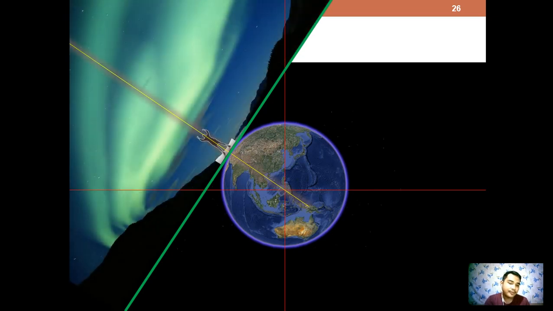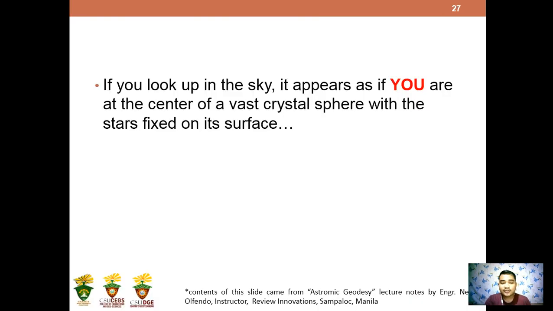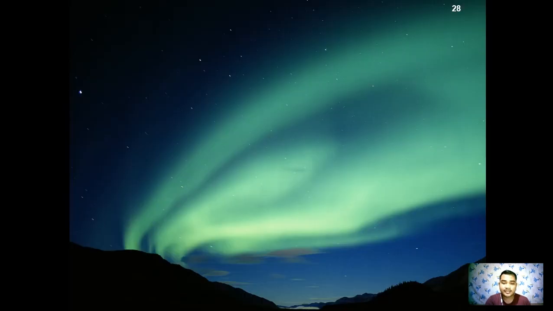For example, it is where you can see the aurora borealis. So that is what you see depending on where you are standing on the Earth. If you look up in the sky, it appears as if you are in the center of a vast crystal sphere with fixed stars on its surface.